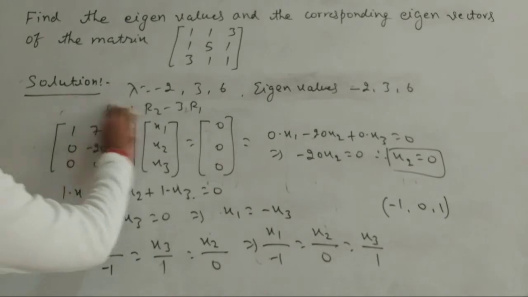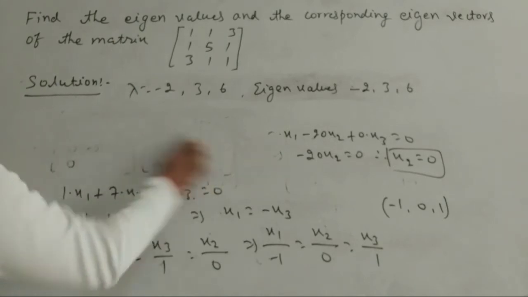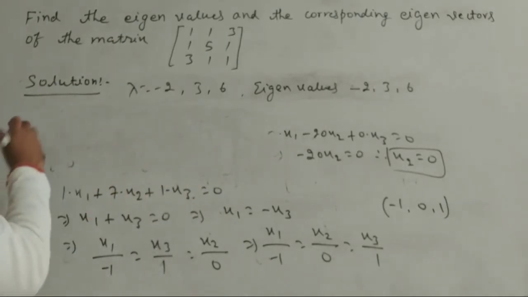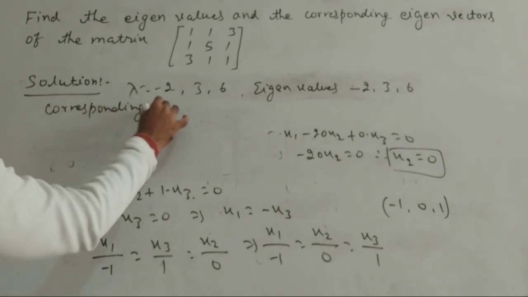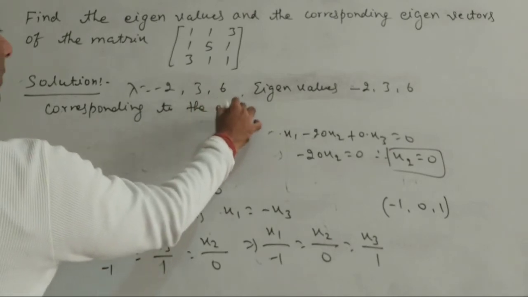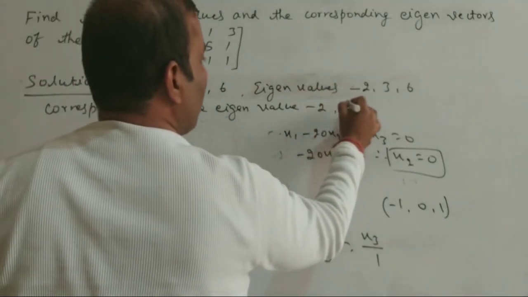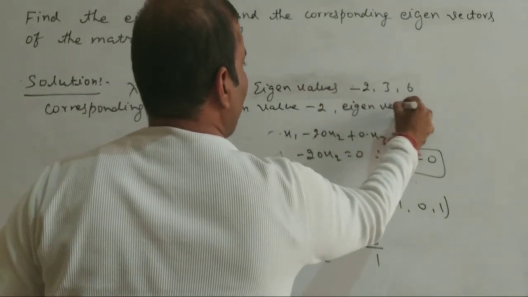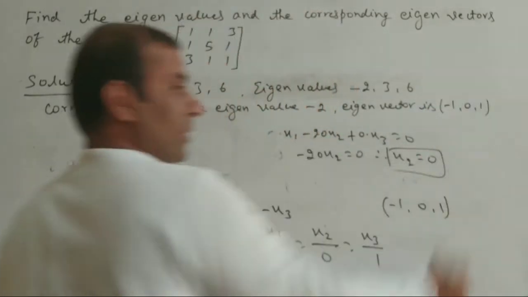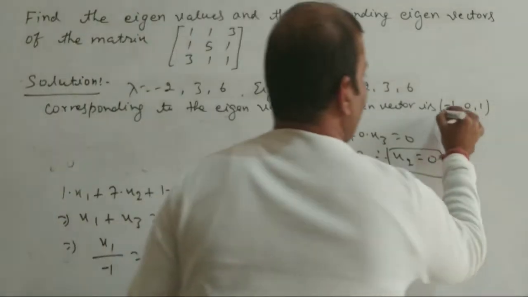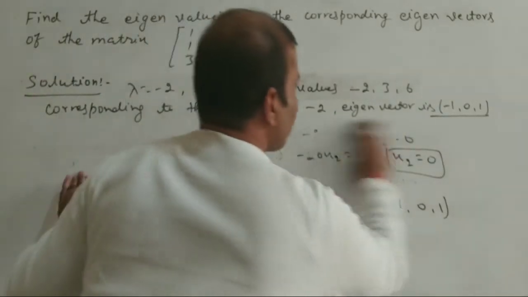One answer is this: the eigenvector is minus 1, 0, 1. Second one, now we have to solve corresponding to lambda equals to 3.